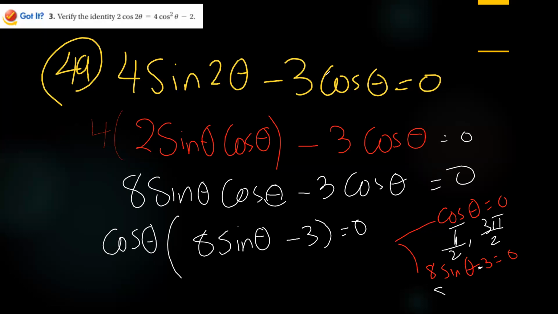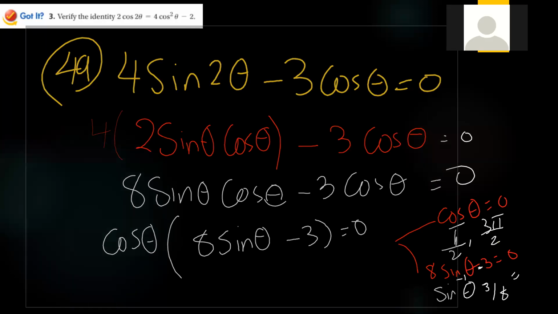Now 8 sine of theta minus 3 is 0. By calculator, sine inverse of 3 over 8 will be which angle? Just a minute, I will see.